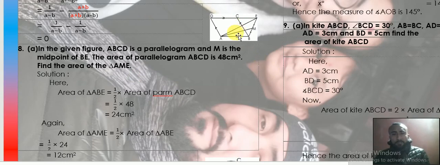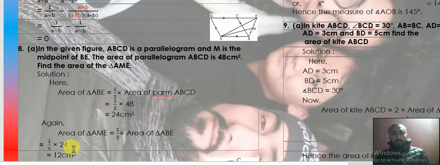Here you can see in this figure the triangle ABE. So this is the triangle ABE, and parallelogram ABCD, they lie on the same base and between the same parallels. So the area of triangle ABE becomes half of the parallelogram, that's 24, and this triangle ABE is here bisected by AM, because here AM is the median.